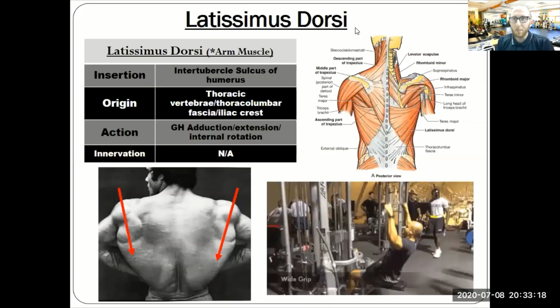Brought out a classic picture of one of the weightlifting legends, Arnold Schwarzenegger, showing the latissimus dorsi coming up and around. This gives a very wide view superficially of the body. If you want to widen your torso, the latissimus dorsi is the muscle to focus on.